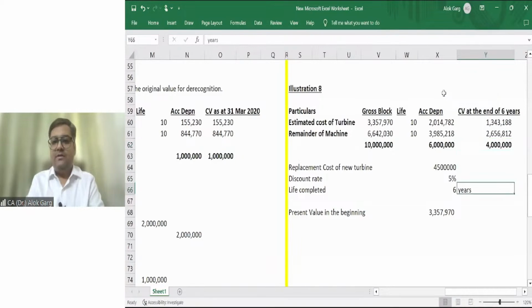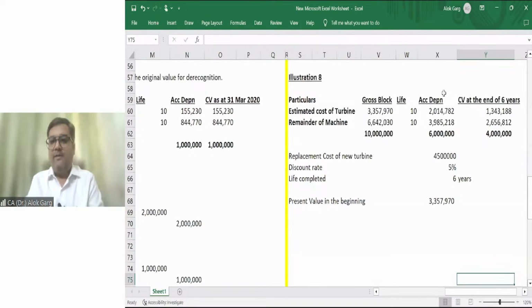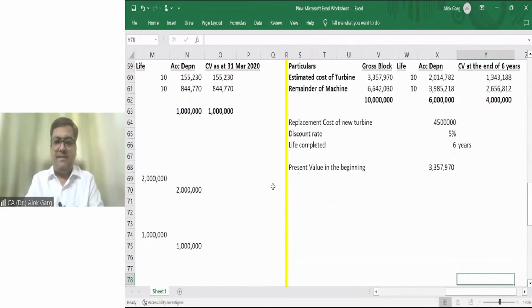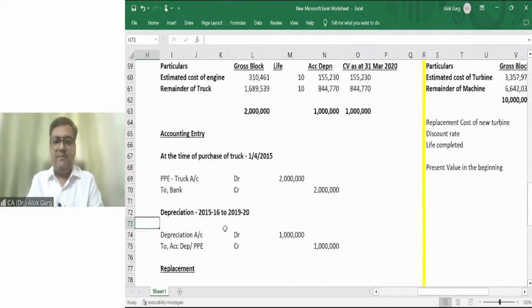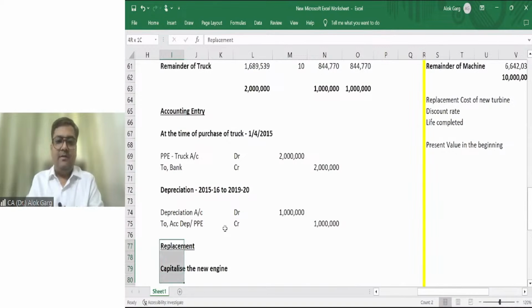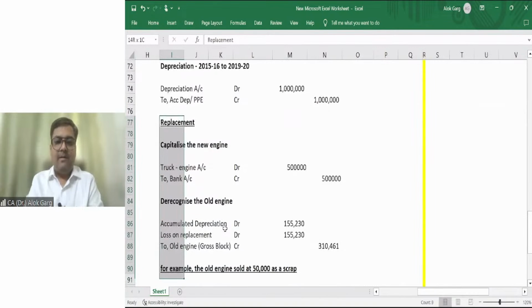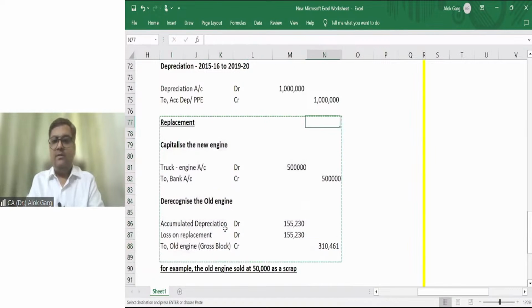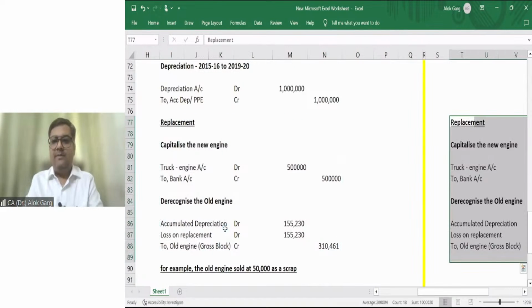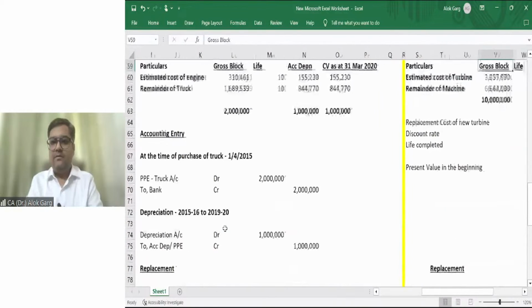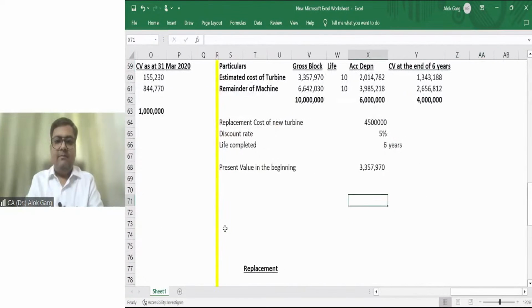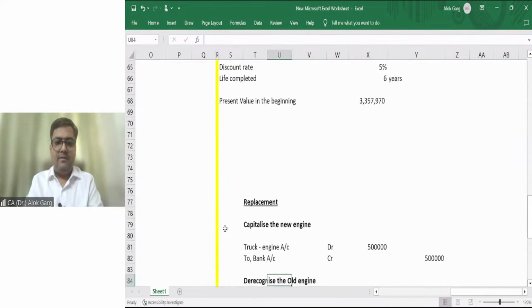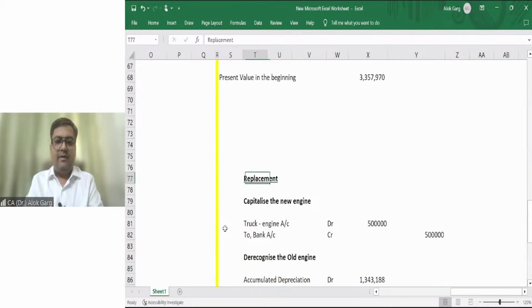Right? So what accounting entry do you need to pass? At the time of replacement, you need to pass this accounting entry, right?